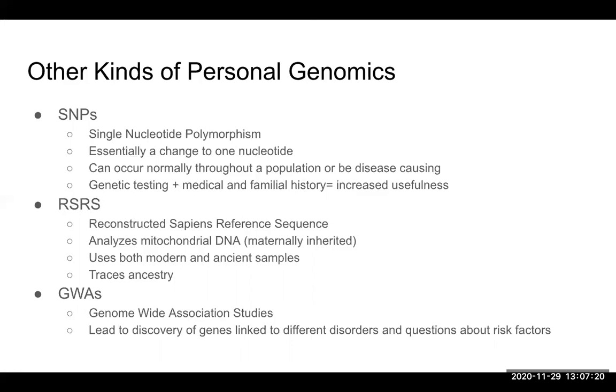And genome-wide association studies have led to the discovery of genes linked to different disorders, but they also raise a lot of questions about risk factors. Essentially, changes to genes that have smaller effects can build up to have a larger effect, and then the environment also plays a factor. Next slide, please.